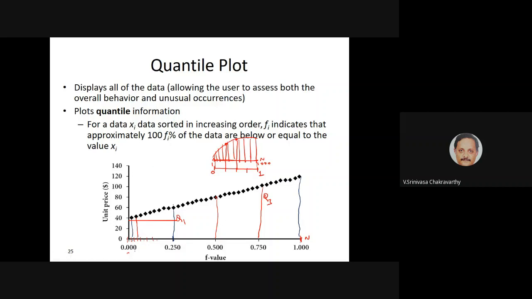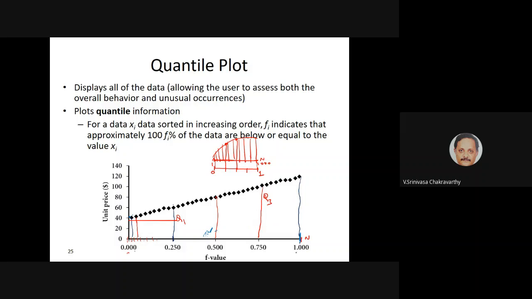If I represent the data in an order, let's say ascending order, then the minimum value is the first value, and the last value is the max, which is at the end. Then just plot them in this ordered form. Let's say the last x value is the last sample, that is, capital N samples. So the last one is this.